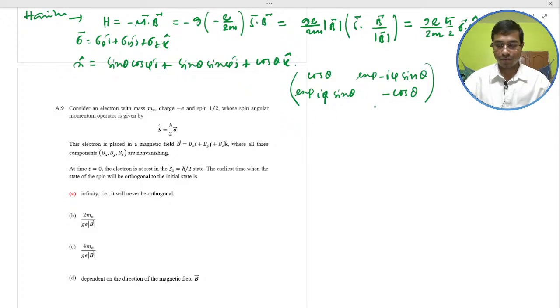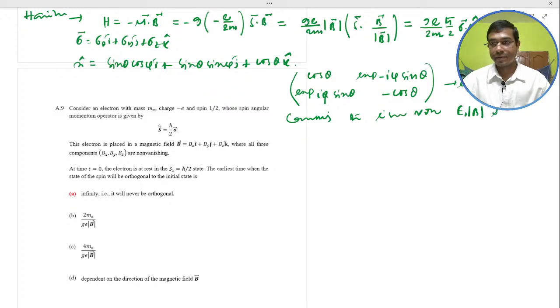So the eigenvalue, this is the eigenvector, calculated from the matrix corresponding to the eigenvalues E naught B and minus E naught B. This is what the first eigenvector, ket phi 1, is. This is cos theta by 2 exponential minus i phi by 2.